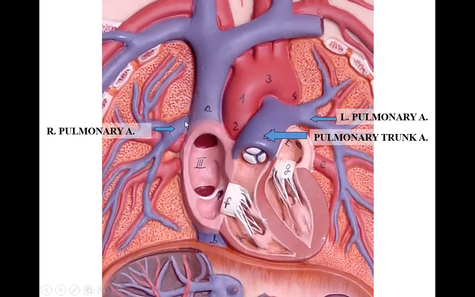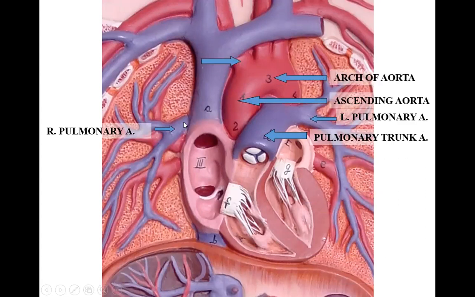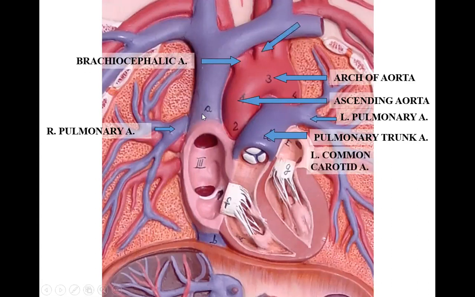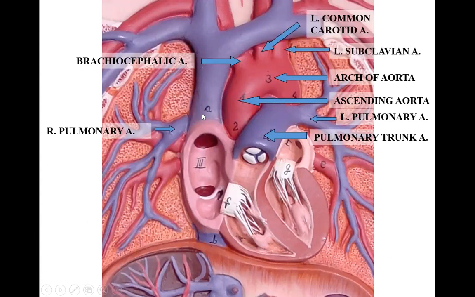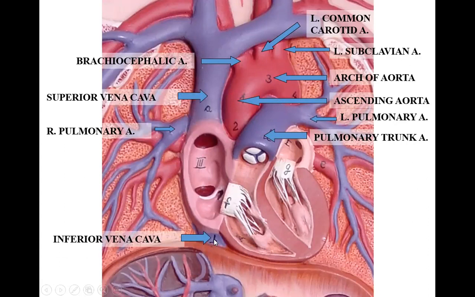There's the right pulmonary artery, the ascending aorta, the aortic arch, brachiocephalic, left common carotid, and left subclavian right there. Superior vena cava, and this little tiny thing down here is the inferior vena cava, even though it's much longer, it runs through the whole of the abdomen.